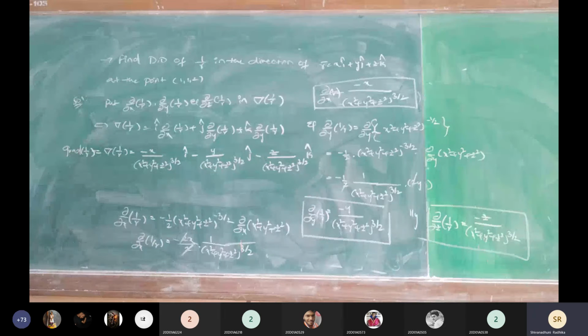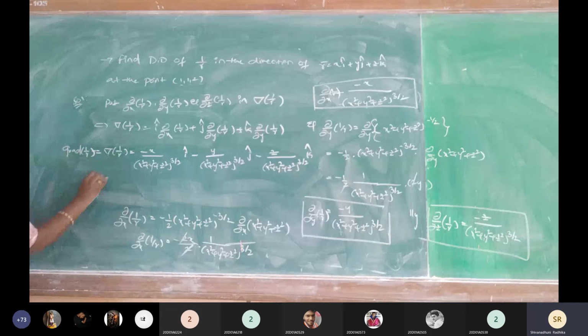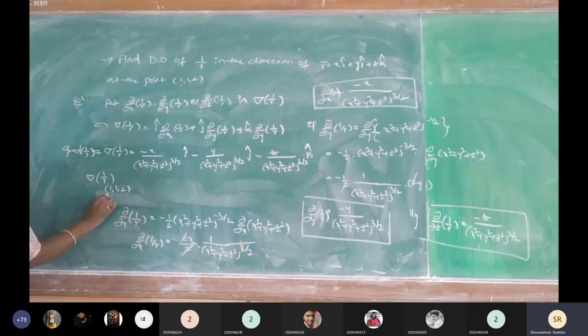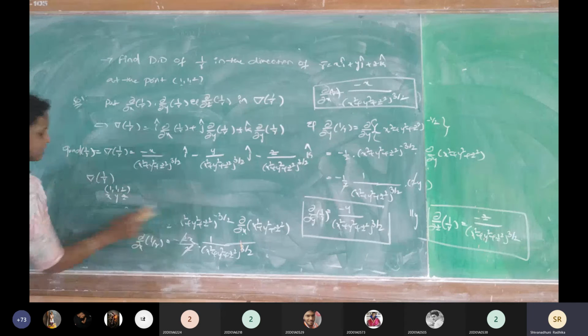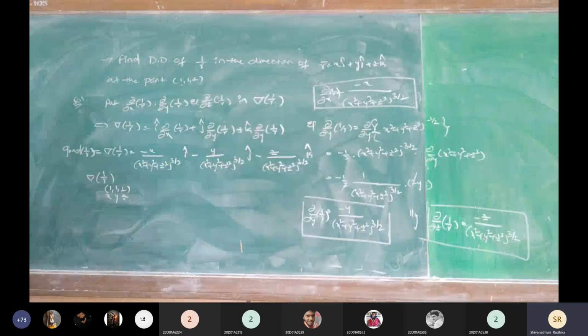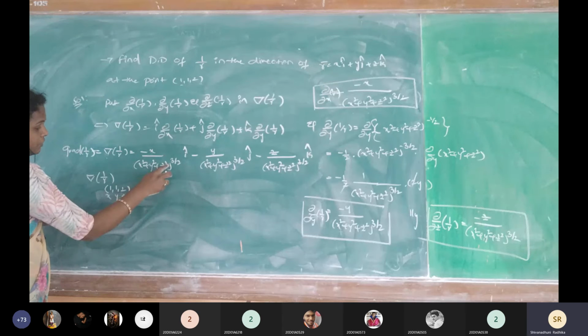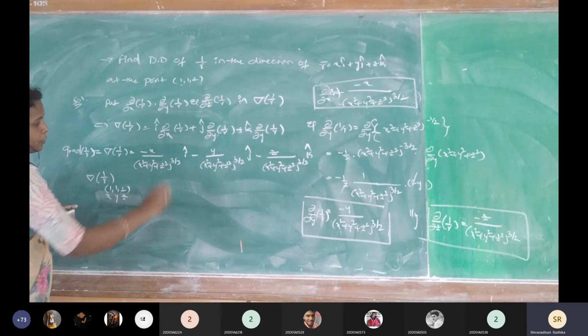Completed. At which point? 1, 1, 2. Now we are going to find del of 1 by r at the point 1, 1, 2. That means substitute x equals 1, y equals 1, z equals 2. Earlier we had a scalar point function; we are getting these functions changed to real numbers. Again we are getting the vector point function. Here x equals 1, y equals 1, z equals 2. 2 square is 4.